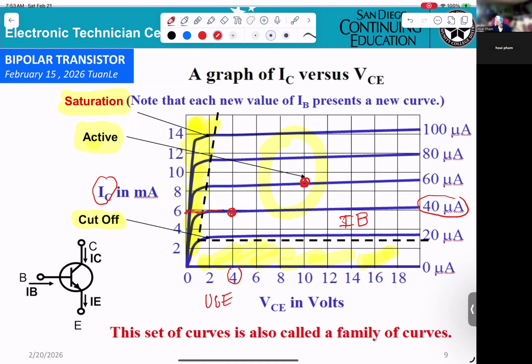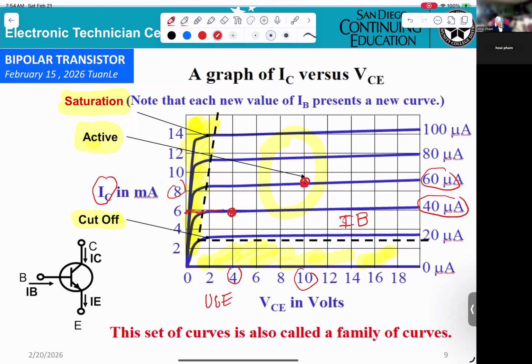At this point, I can get the current here, I get the VCE here, and I can get the saturation current here. If you want an amplifier, the transistor must be in the active region.